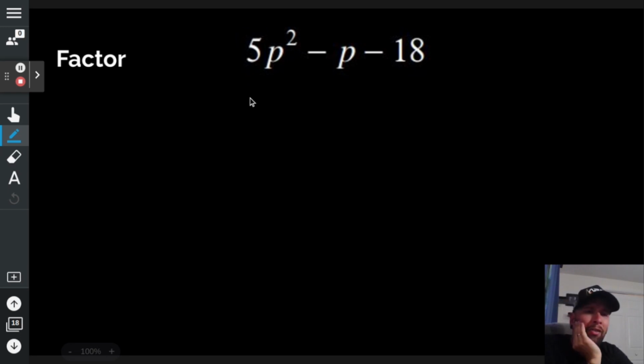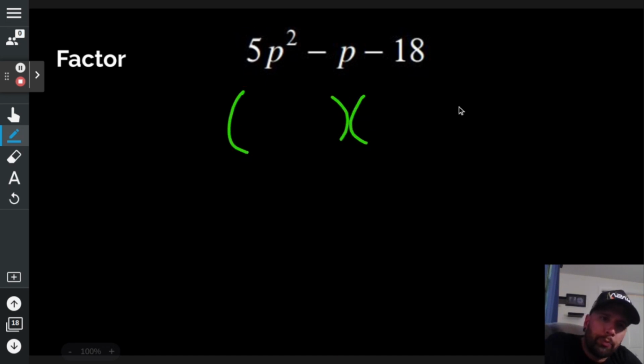Can I factor out a variable? No. So the only way that I can factor is if you deal with factoring stuff with a leading coefficient. It's gross. I hate it. But it's a guessing game. Let's see what I do know.